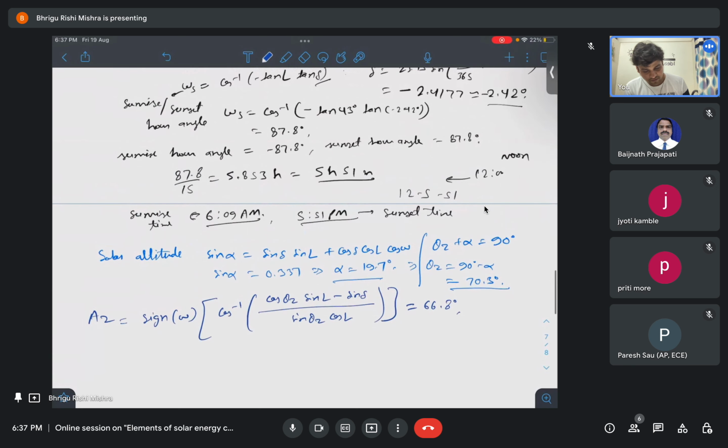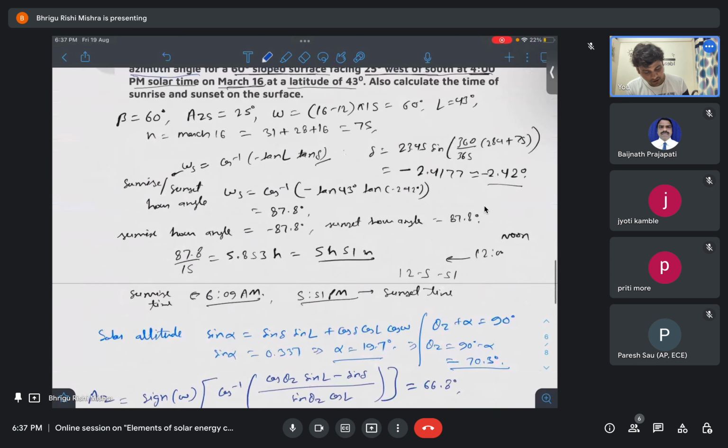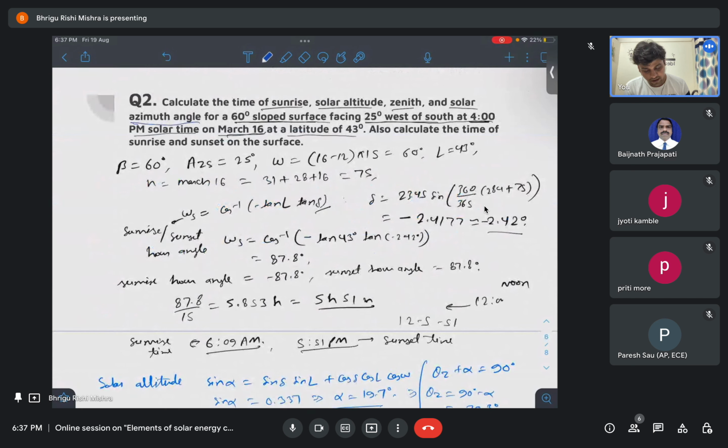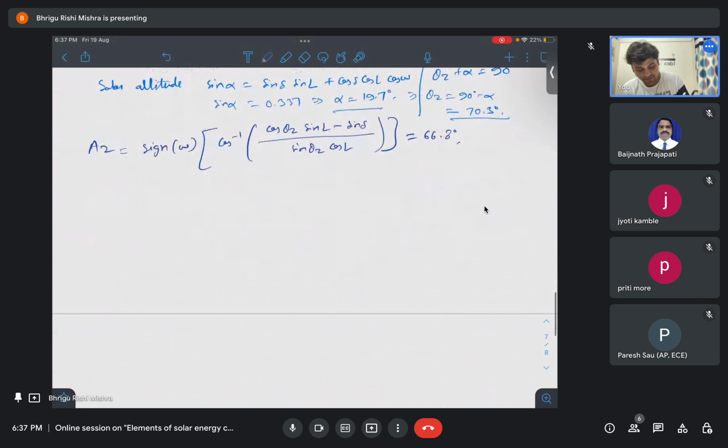Now all these angles are for the horizontal surface. Okay, and now we need to calculate it for this sloped surface. That means now I have a surface here whose tilt angle is 60 degree, and I need to calculate the sunrise time and sunset time with respect to this collector.